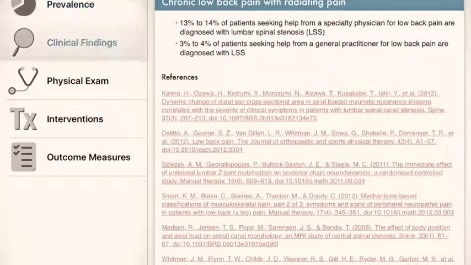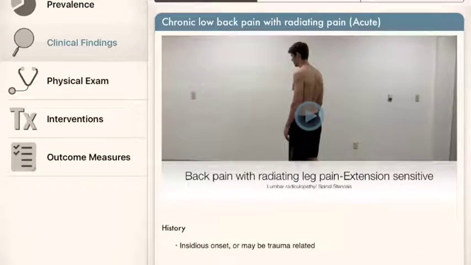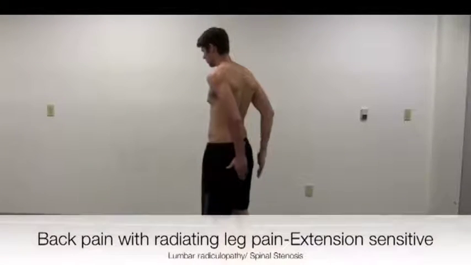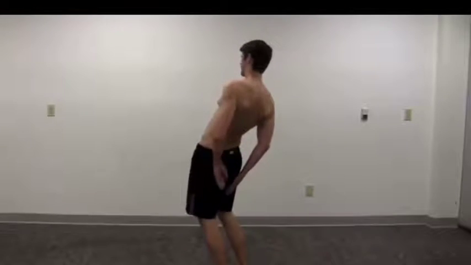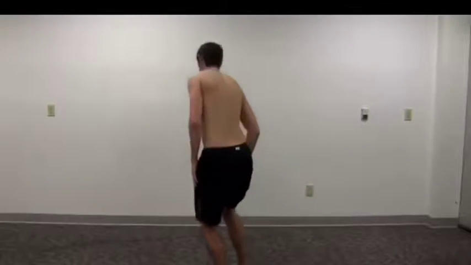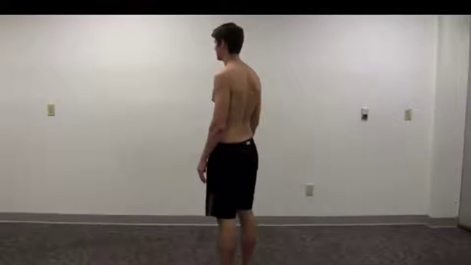So in these types of patients, you tend to see back pain and leg pain that gets worse with extension. That's not a difficult thing to see. If we watch what movements reproduce pain, extension or extension rotation tends to irritate the nerve root. The nerve root already does not have enough space.